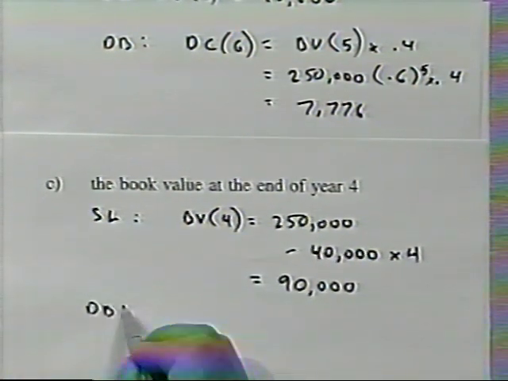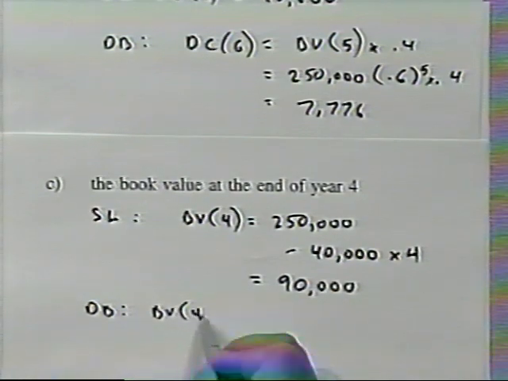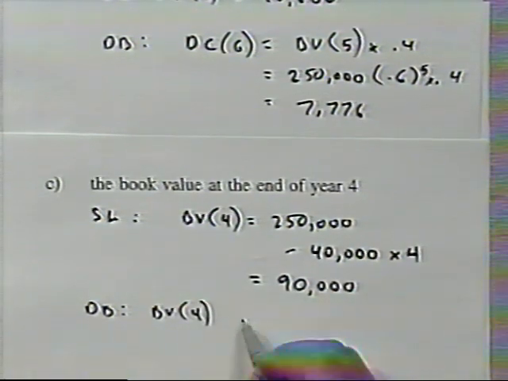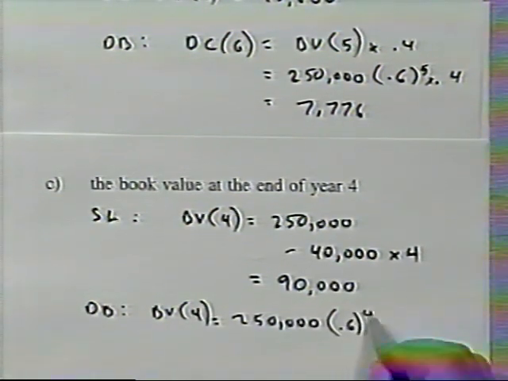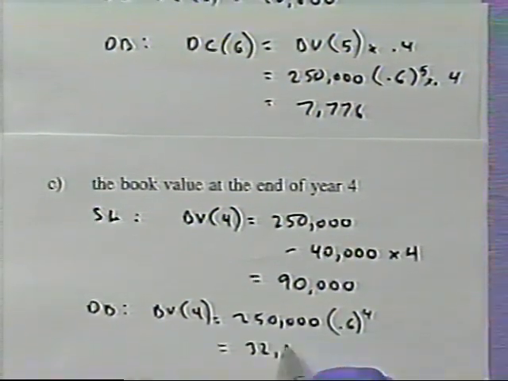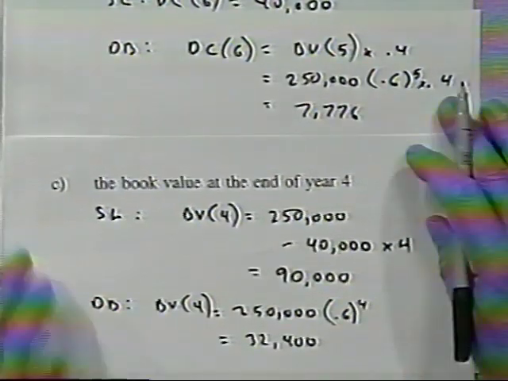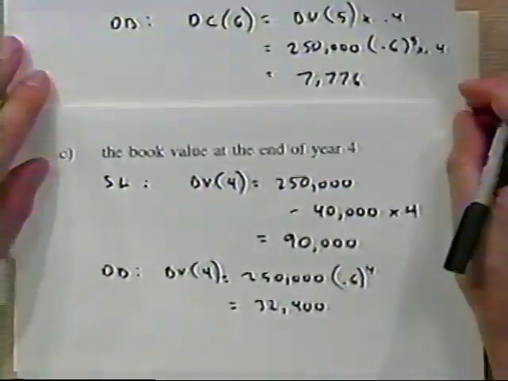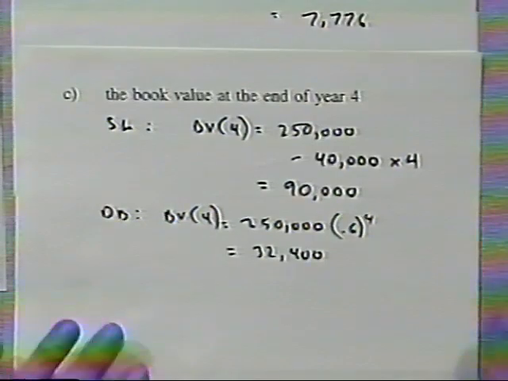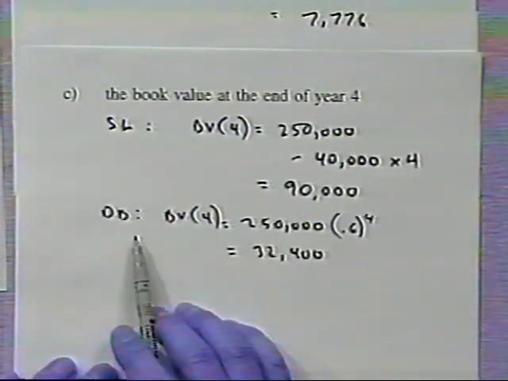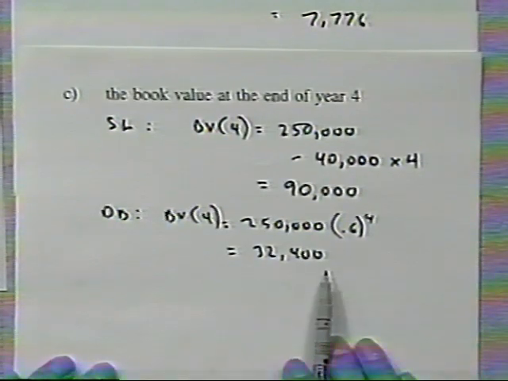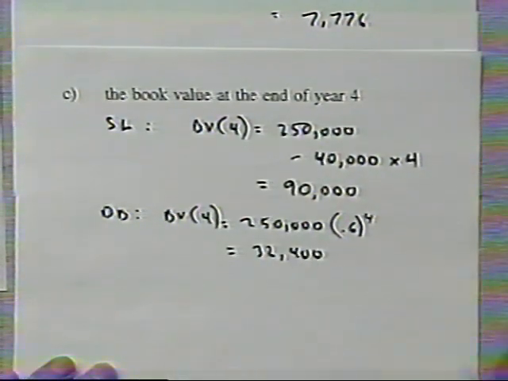Under declining balance, the book value at year 4 is our first cost times 1 minus 0.4, or 0.6 to the 4th, which is $32,400. So again, because we're recognizing a quicker loss in value of the asset under declining balance, its worth after 4 years is recognized to be less than under straight line.